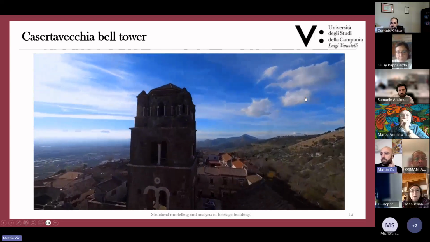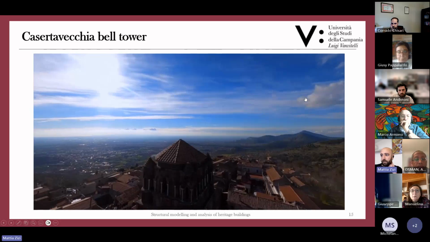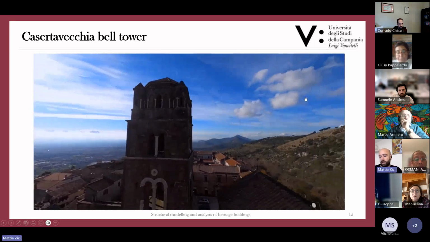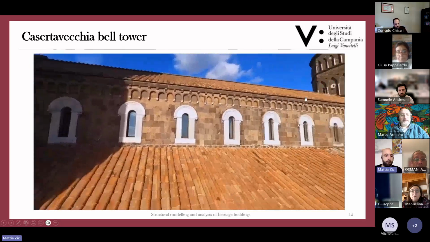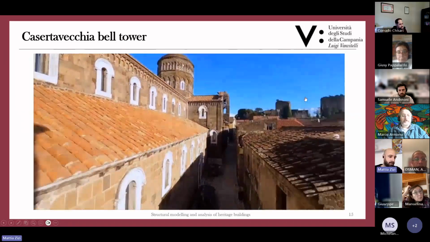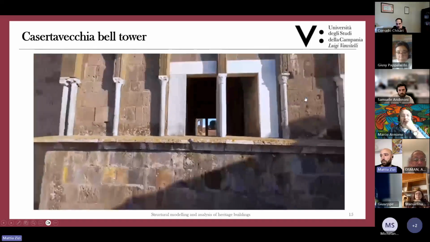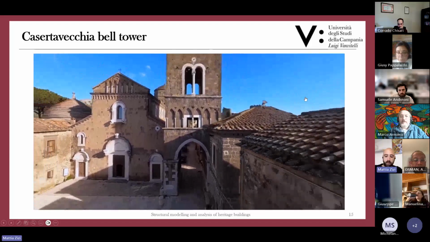And this is a very interesting case study where we were very lucky to have a lot of information and also to perform some detailed analysis. So I think it's very interesting to use this as a benchmark case, let's say.